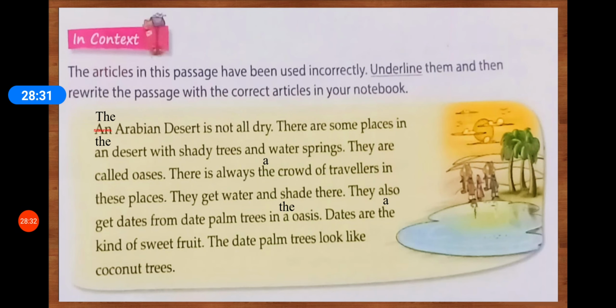Children, you were supposed to do it yourself. So, just match your answers. The Arabian desert, the desert with shady trees, a crowd of travelers, the oasis, and dates are a kind of sweet fruit.